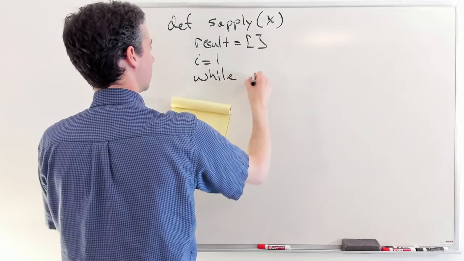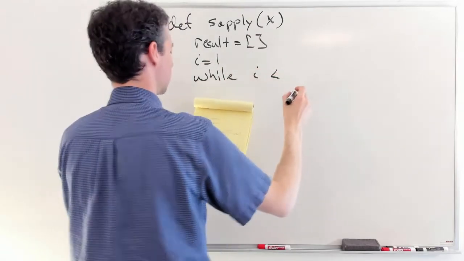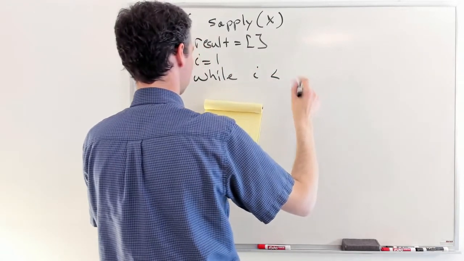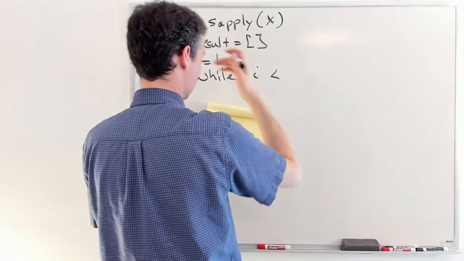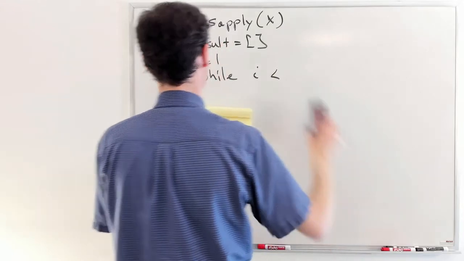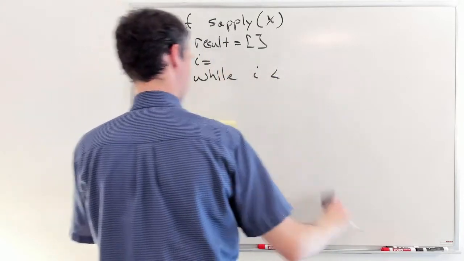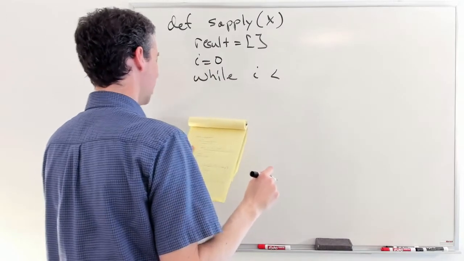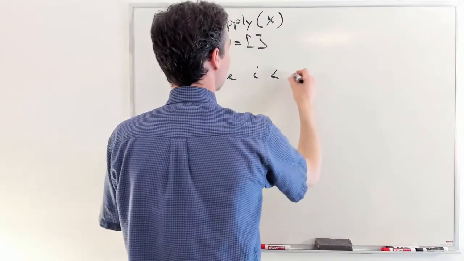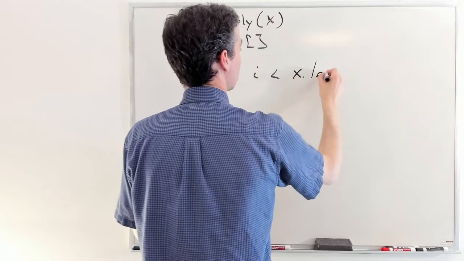So while i is less than, so let's not start at 1. That's a bug. Start at 0. While i is less than x dot length.